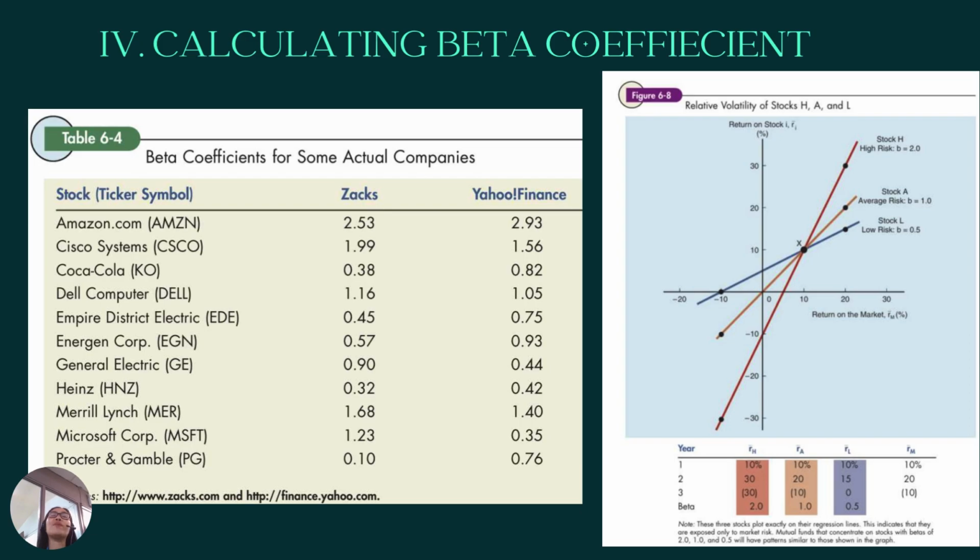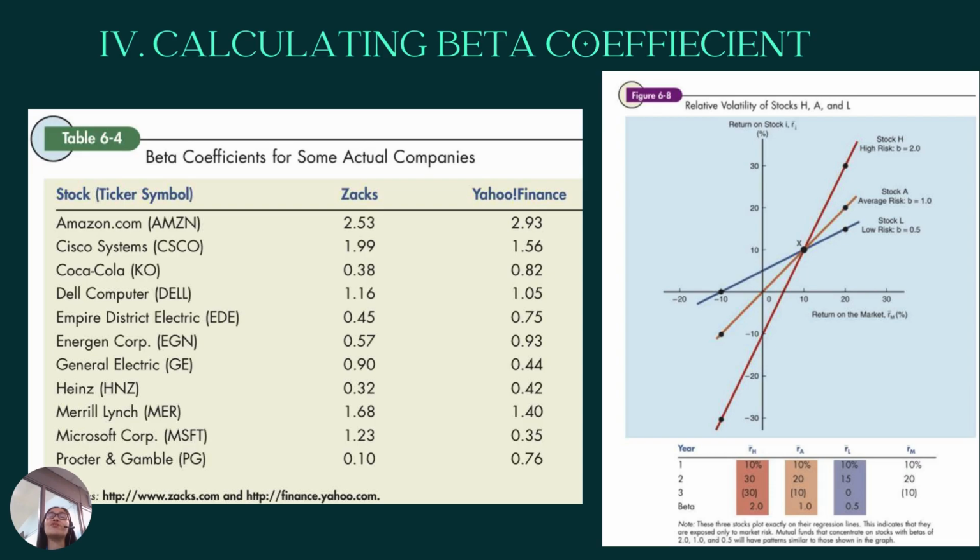Okay, calculating the beta coefficient. In particular, the beta coefficient used by investors should reflect the expected volatility of a given stock's return versus the return on the market during some future period. However, people generally calculate betas using data from some past period and then assume that the stock's relative volatility will be the same in the future as it was in the past.